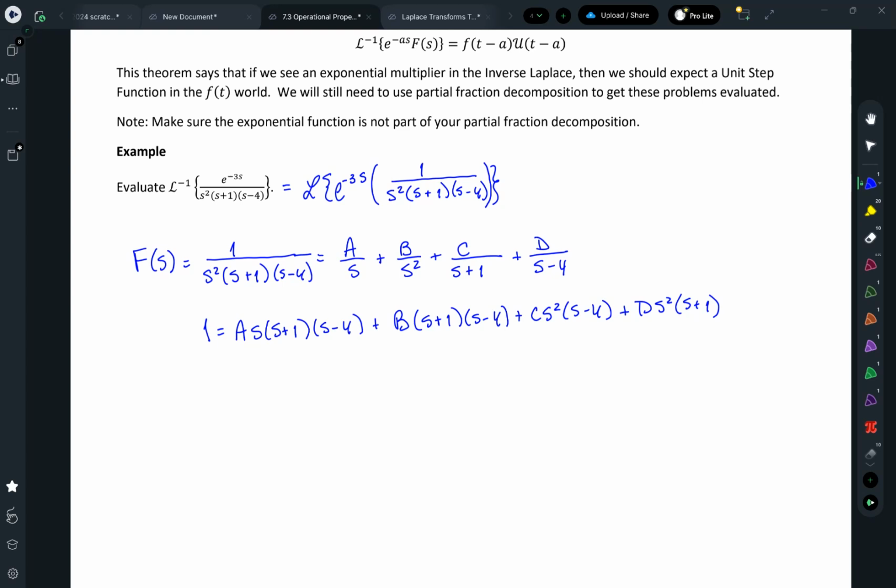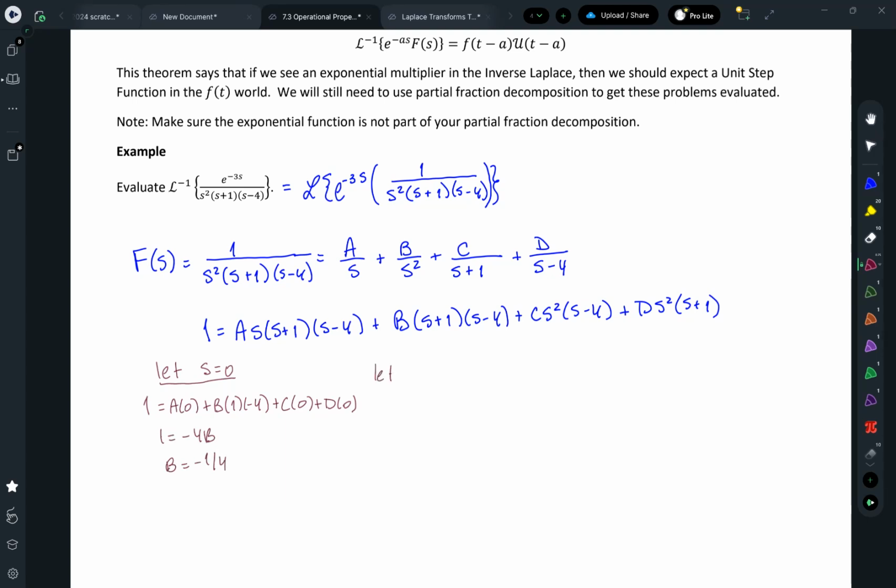Okay, now I'm going to use the trick where I let s take on values in order to solve for A, B, C, and D. So first I'm going to let s equal 0. When I do that, I get 1 is equal to A times 0 plus B times 1 times minus 4 plus C times 0 plus D times 0. So I get 1 is minus 4B, and B is equal to negative 1 over 4.